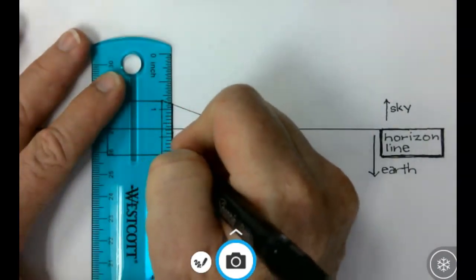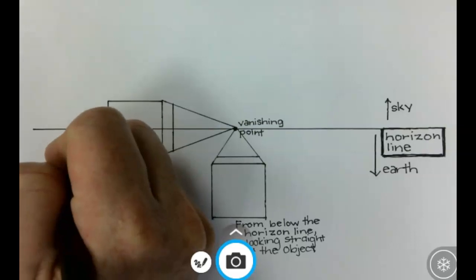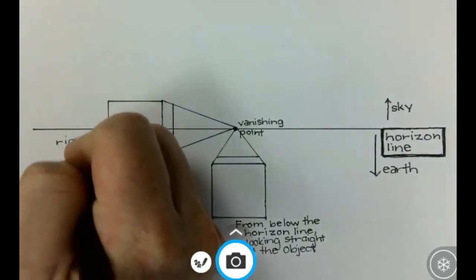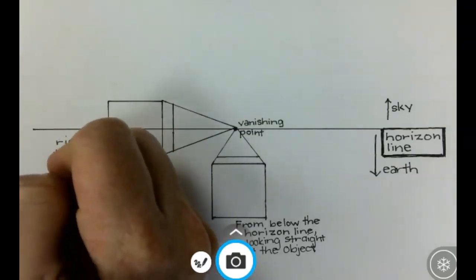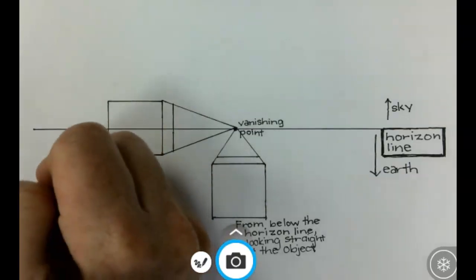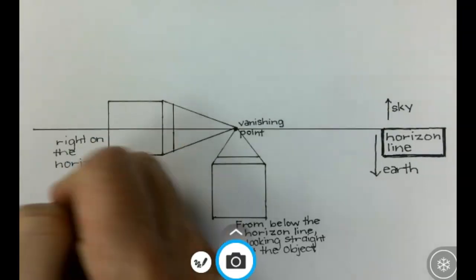And again, depending on where we're standing. But now we're looking at one that's right on the horizon line.